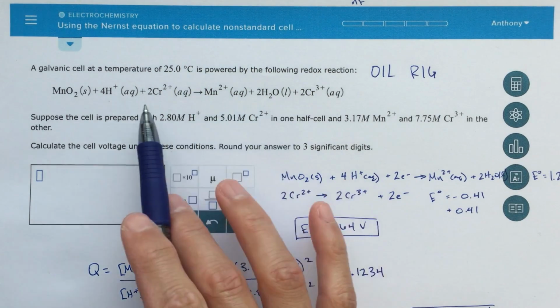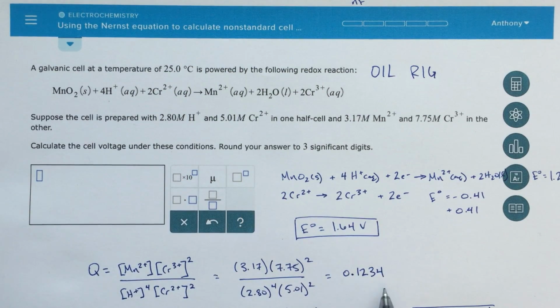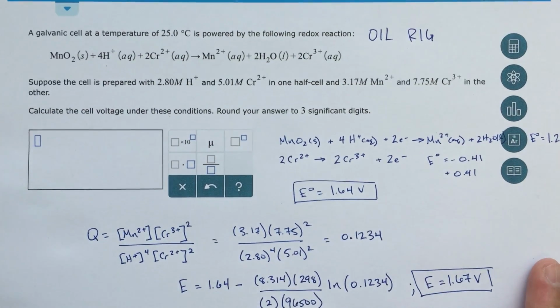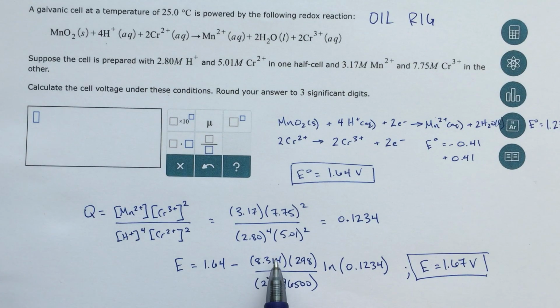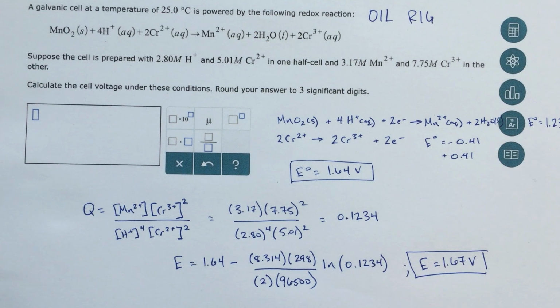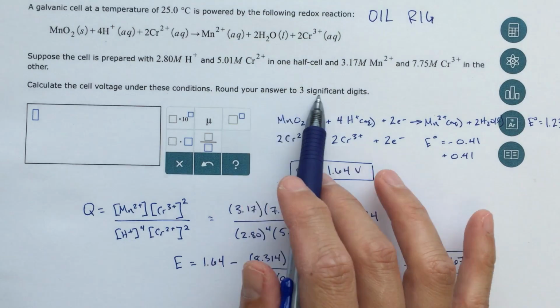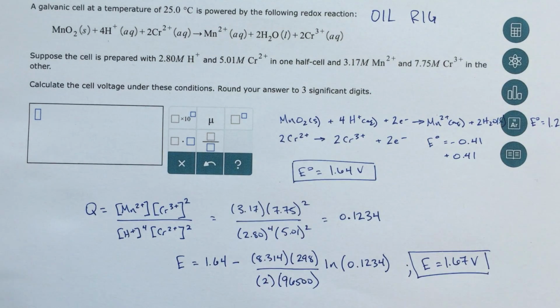I'm going to leave out my liquids and my solids, get this Q value, and then it's just plug everything in. So at the bottom here, I'm plugging everything in. This is my E naught minus my R value from the equation sheet, temperature, number of electrons, like I said earlier, Faraday's constant, F value, natural log of Q, and you should get this value of 1.64 volts. So make sure you use the right number of sig figs and put in that V for volts.